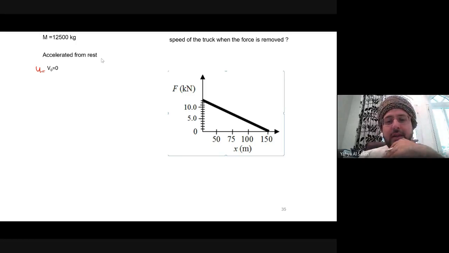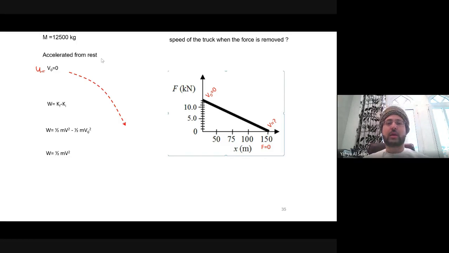Using the work energy theorem, we say all the work applied goes into kinetic energy. So what's the total work done? Now, we could do an integration, but since this is a very nice graph, we don't need an integration because it's a triangle.